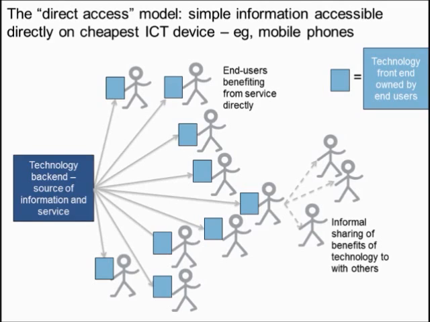That's demonstrated here by the light blue square. And you need, of course, a technology backend as a source of the information and for the service. In the case of a direct access model, you need to reach some scale, because the technology backend then becomes more economically viable.